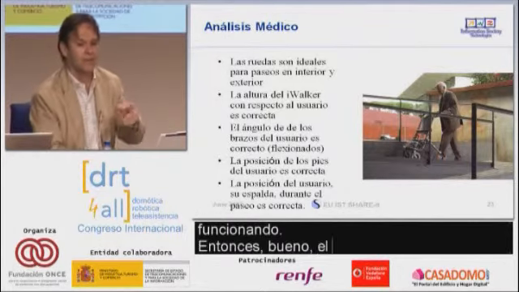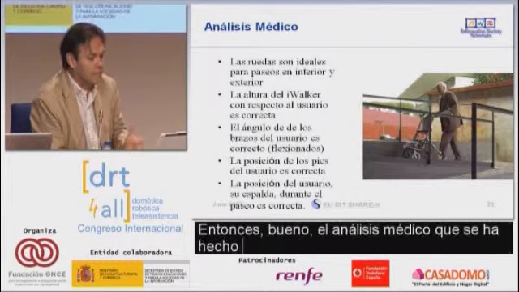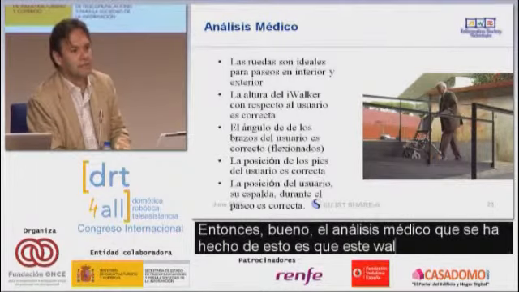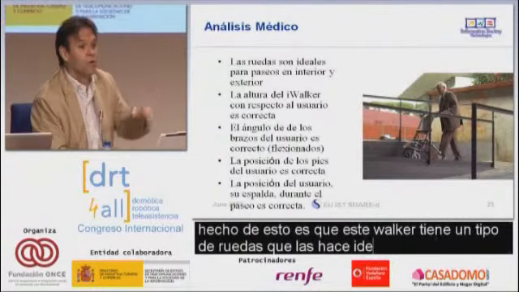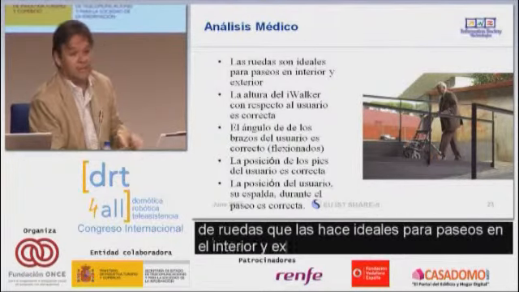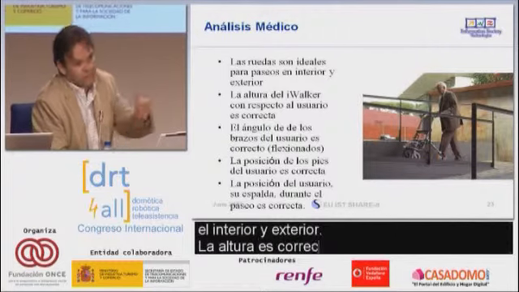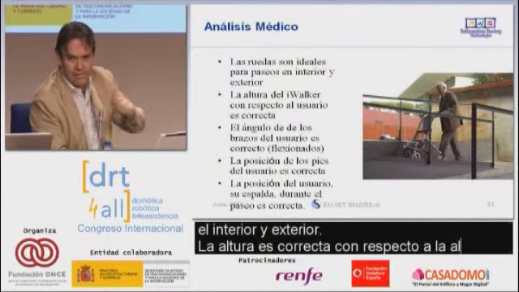The medical analysis is that the walker has a type of wheels which make it ideal for inside and outside promenades. It is adjusted to the height of the user.